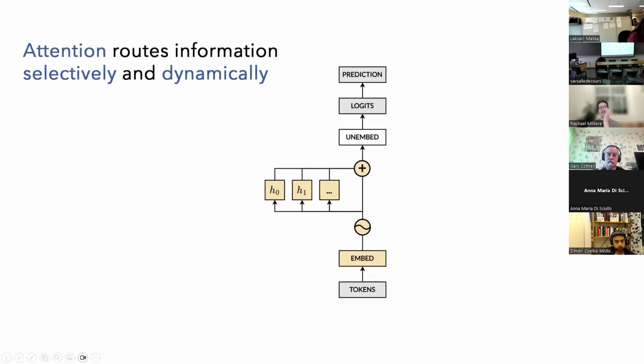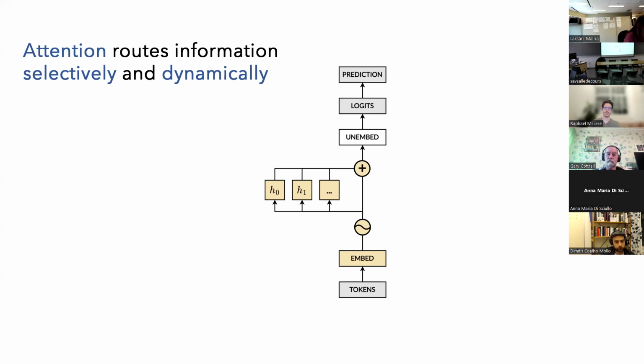And so in that sense, this attention mechanism routes information selectively and dynamically in the network. So these attention heads perform mostly linear operations that route information across token positions and across layers in the network.